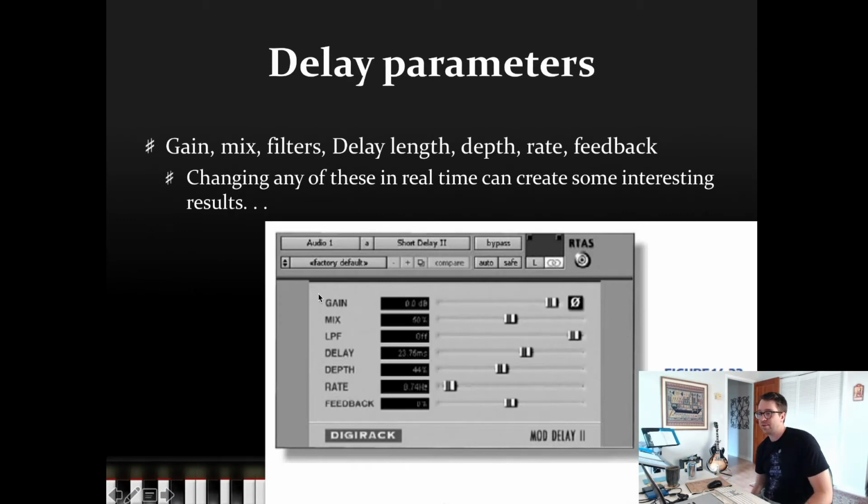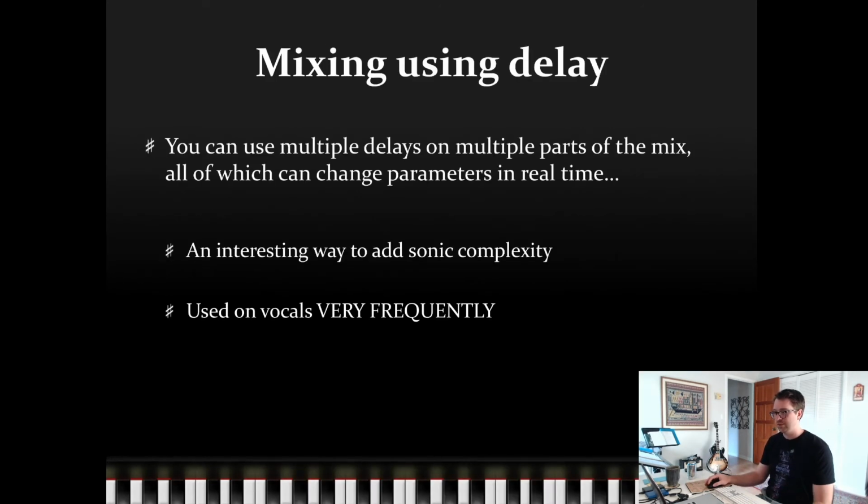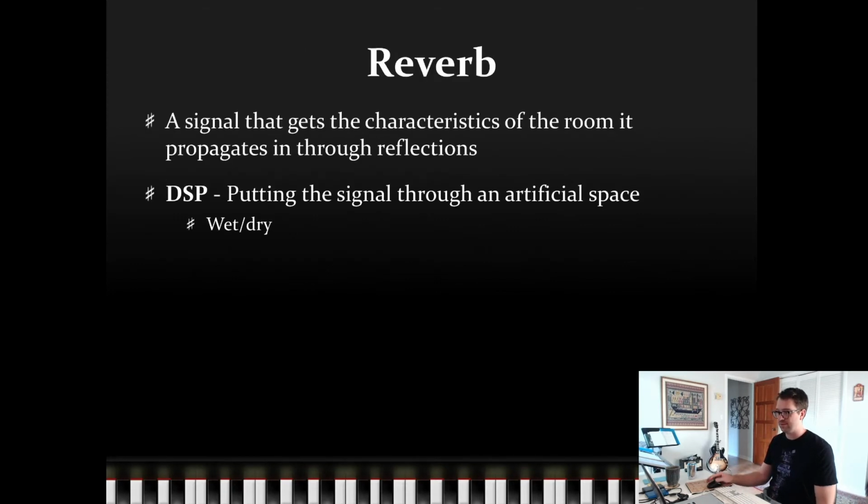So the delay parameters: gain, mix, filters. Mix is really changing the wet-dry mix, which is what we call the original signal being the dry, and the affected signal is the wet. So you can use delay on multiple parts of your mix. It doesn't have to be super obvious to be effective.